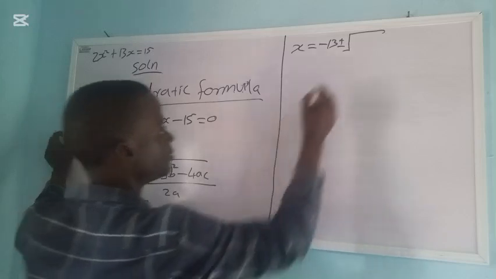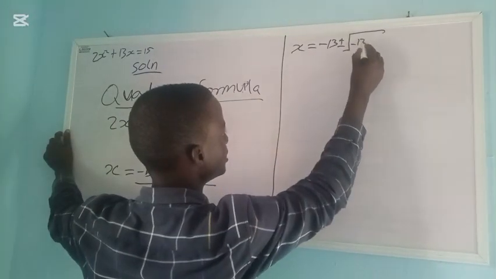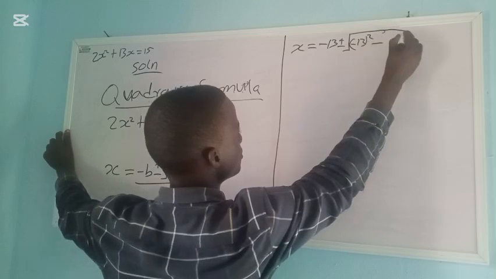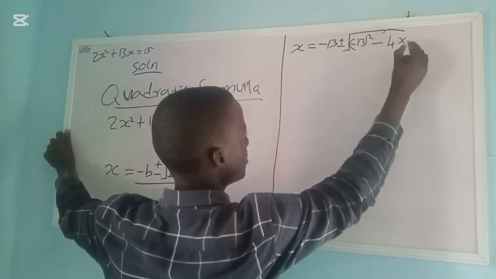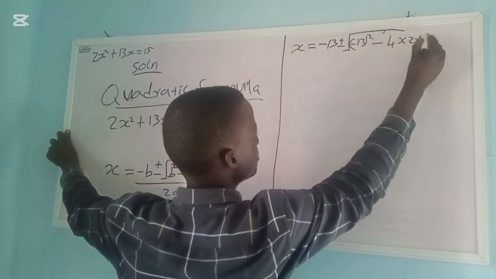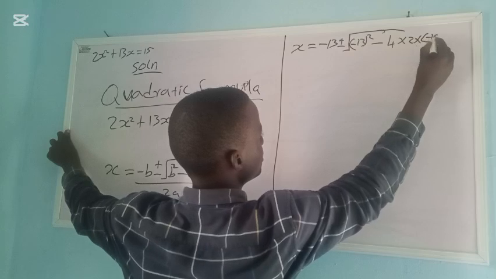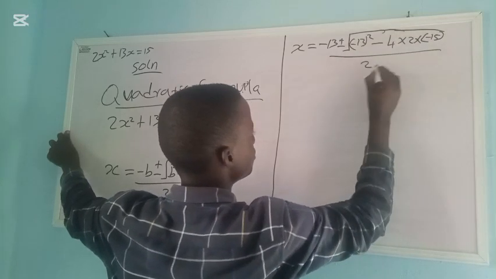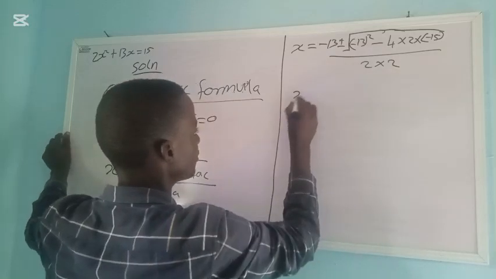Then this one we have minus 13 square minus 4 times 2 times minus 15, all over 2 times 2.